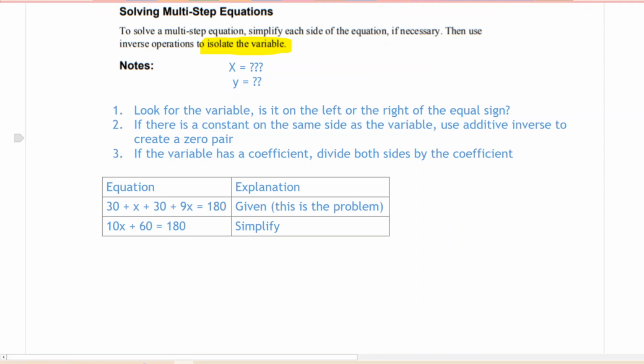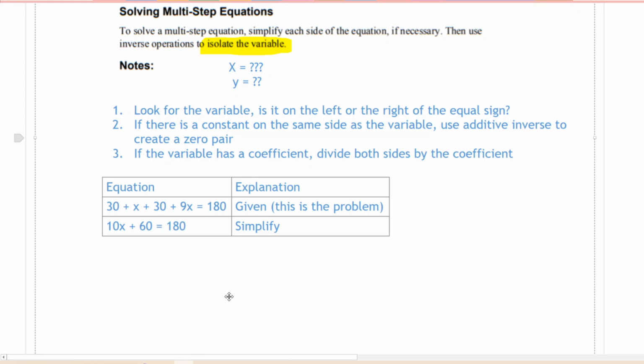We did 30 plus 30 was 60, and then the 9x plus x was 10x. Whenever we combine like terms, we say that we simplified. So the next explanation is simplify. When you read this, you say, how come, if this line was true, this line is true? This line is true because we simplified.